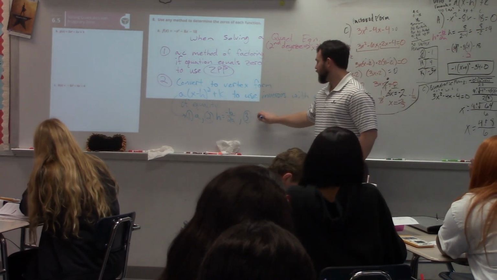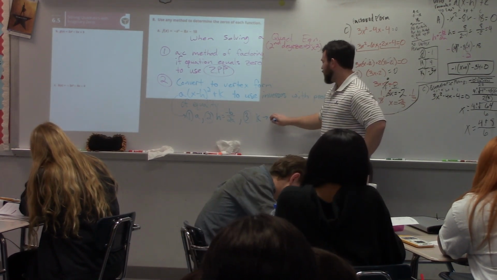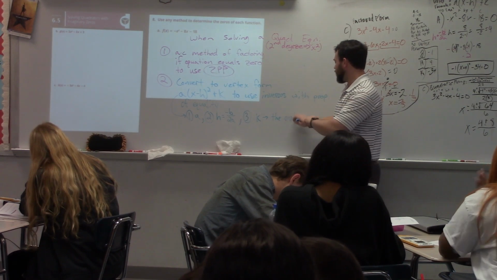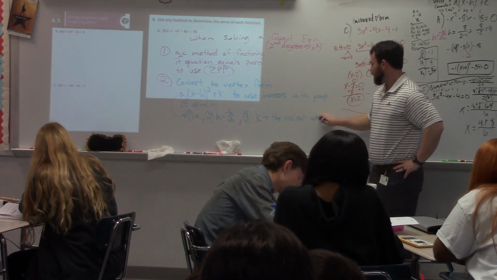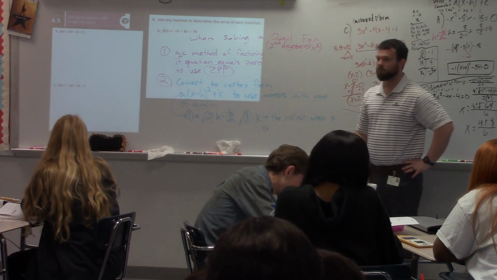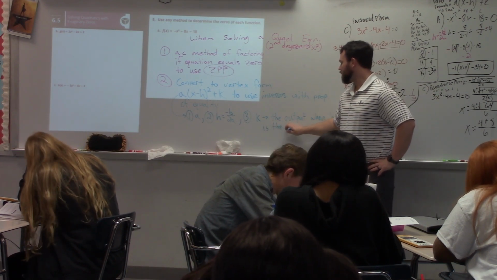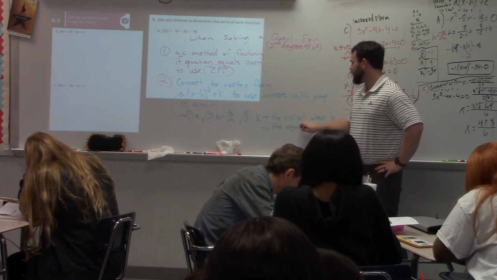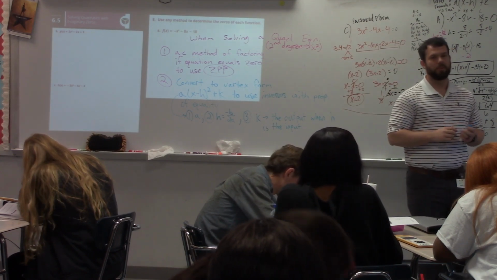K. And K doesn't have to be terrible. K is just the output when what is what? The input, that's it. Once you have your vertex form, you're just going to use your inverses with your properties of equality.